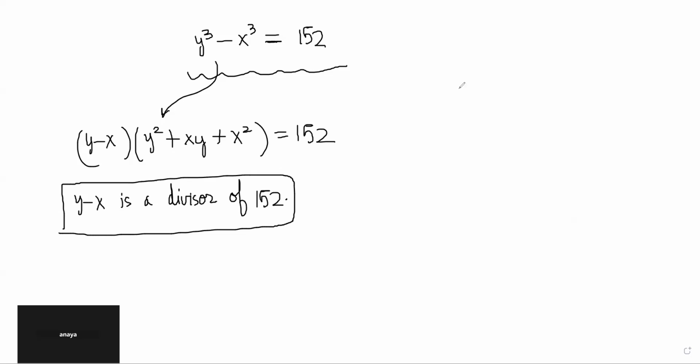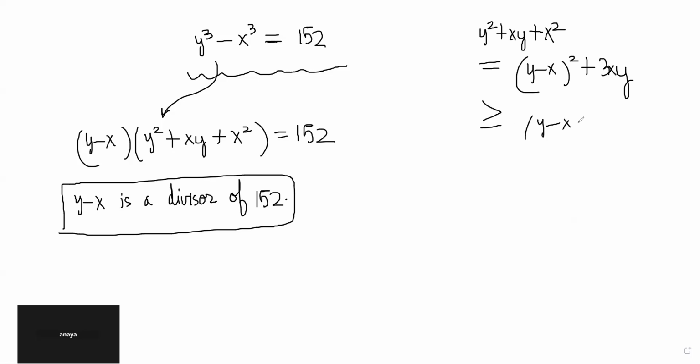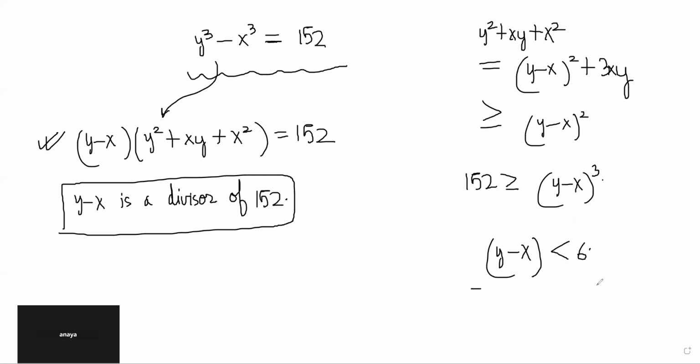Then the second thing we did was we wrote y square plus xy plus x square as y minus x whole square plus 3xy. So it is clearly greater than y minus x whole square. So if you use that in this equation, you get 152 is greater than y minus x whole cube. And from there we got y minus x is less than 6.